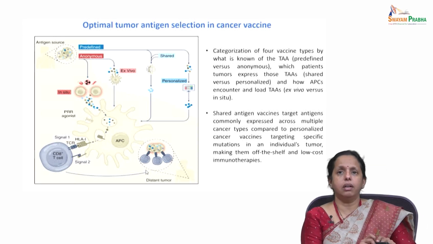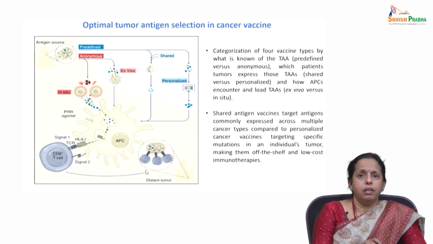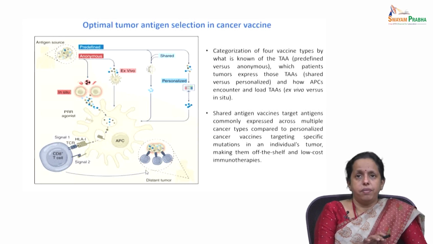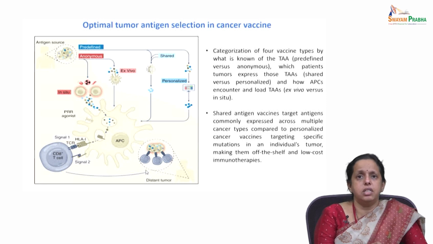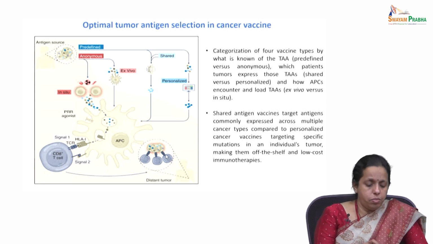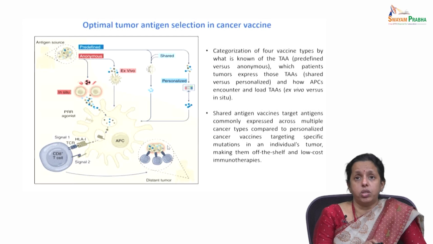This is like tumor antigens, as I mentioned: you have the shared antigens and the public antigens, which contain the hotspot mutations. What are hotspot mutations? They are the most frequently occurring mutations.